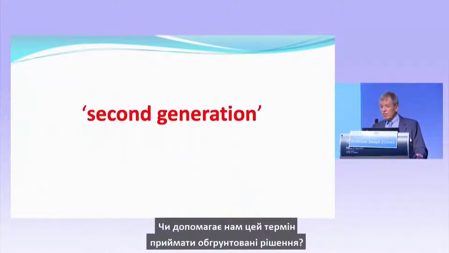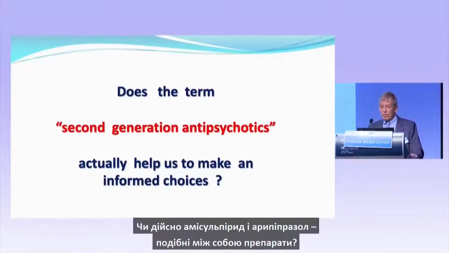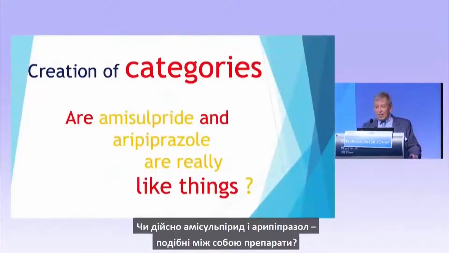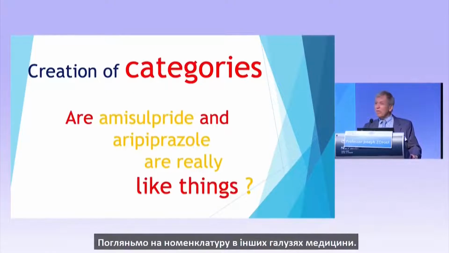Second generation, what does it mean? Does it actually help us to make informed choices? Are amisulpride and aripiprazole really alike? Do they really belong to the same category?